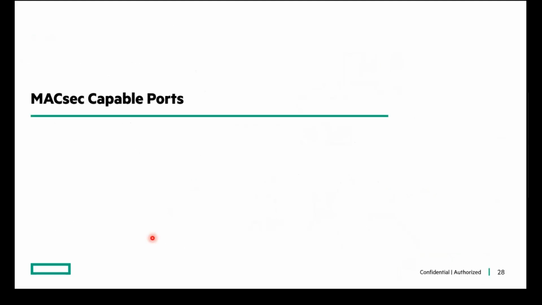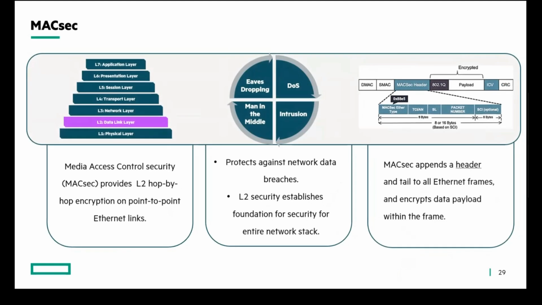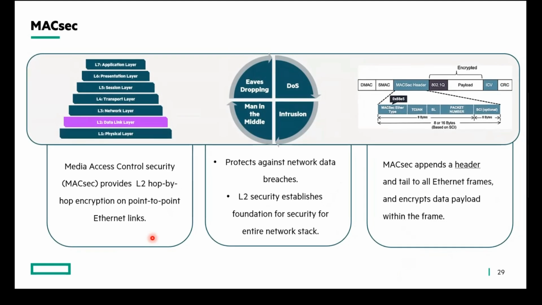So next comes the MACsec capable ports. Let's understand the overview of MACsec before we look into the MACsec capable ports in the 6200 switches. As we all know, MACsec works in the data link layer.